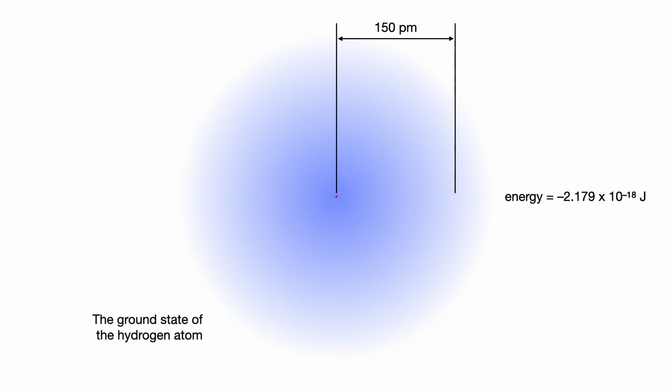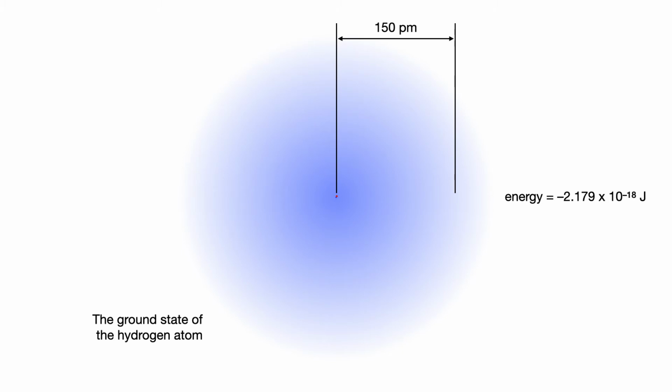In other words, a hydrogen atom in its lowest energy state has the electron trying to be at the nucleus, but because the electron is so light, it becomes spread out in space, and it actually extends well outside the nucleus of the hydrogen atom.